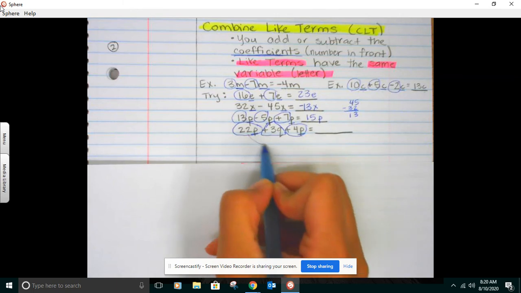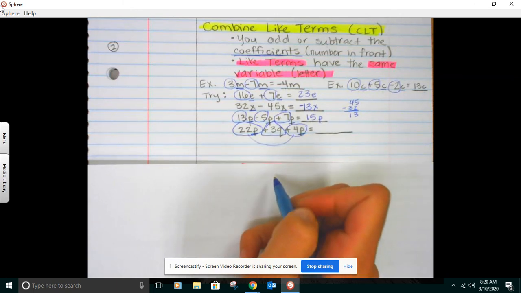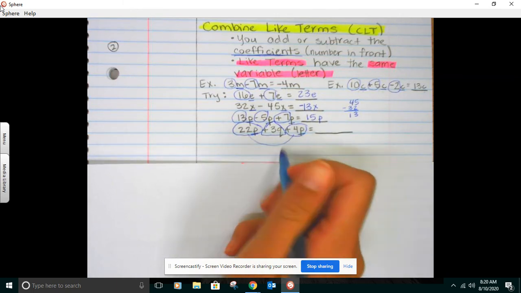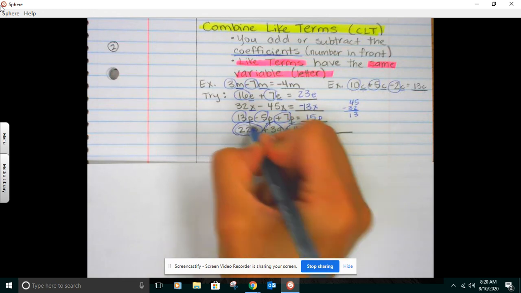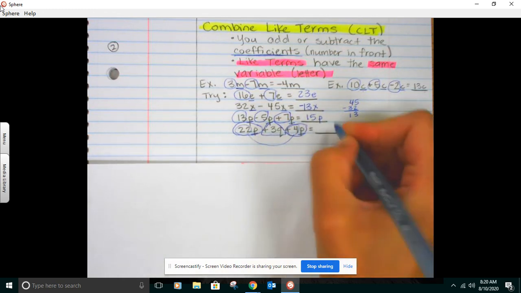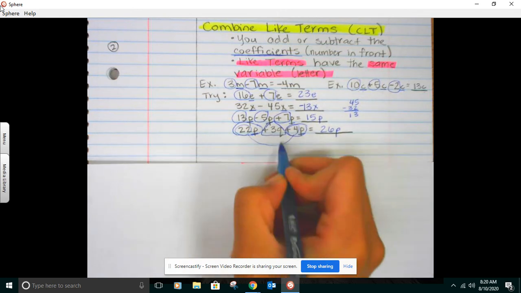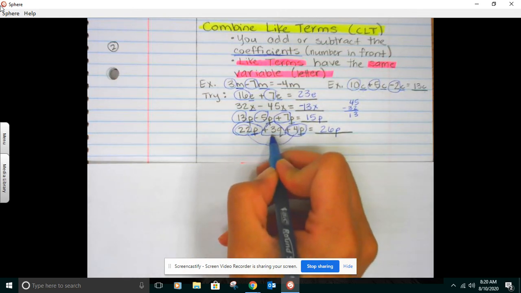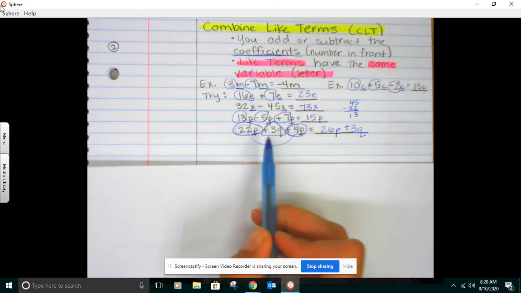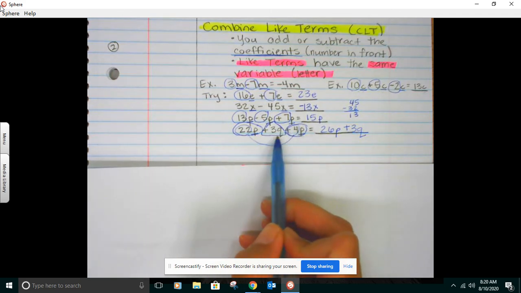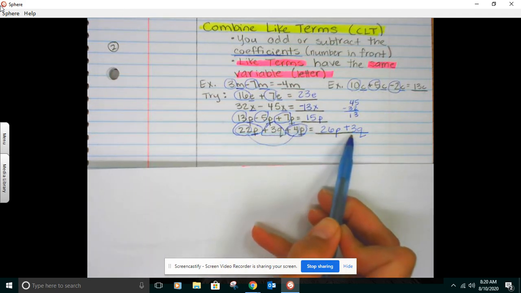You have to combine the like terms, those two. Combine means to add or subtract. So I have my 22 plus 4. 22 plus 4 is 26p, but I can't forget the q term. So there's a plus 3q. I just have to add that plus 3q. And then I can just kind of check it. Does that seem right? I have 2 p terms, 1 q term. Look at my answer. It seems right.